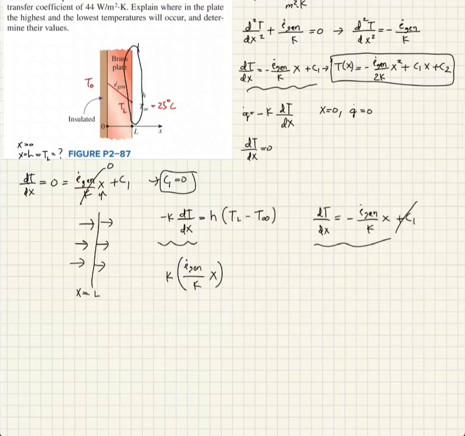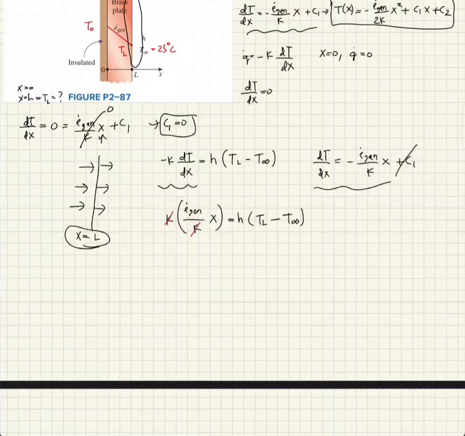So that's our expression equal to h times (TL minus T infinity), and we see that k with k cancels, and our x is just L, because we're writing the equation at x equals L.